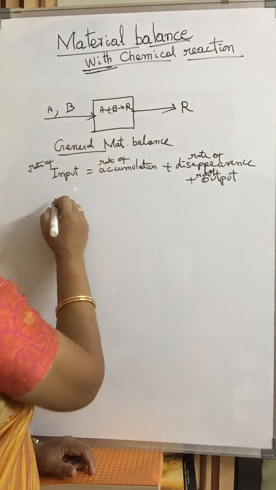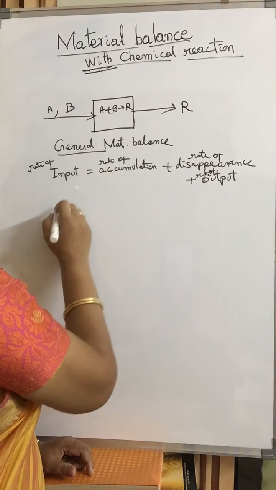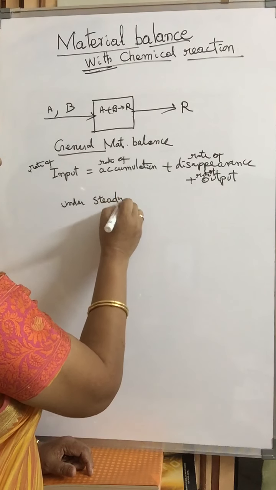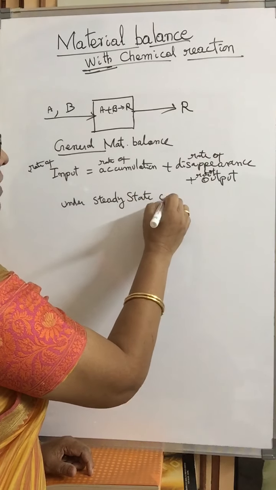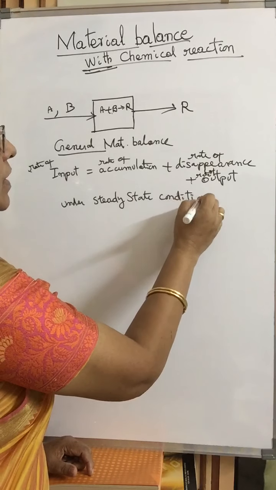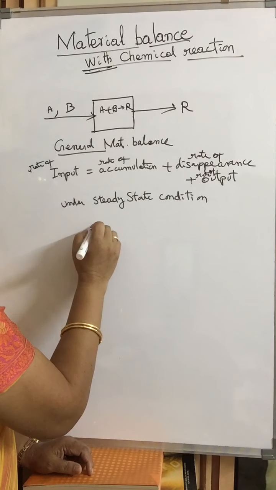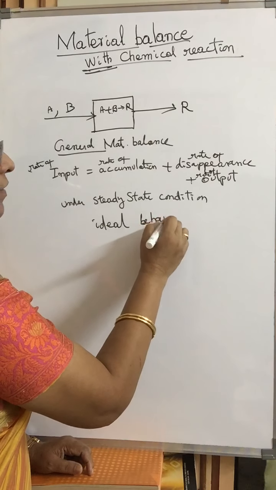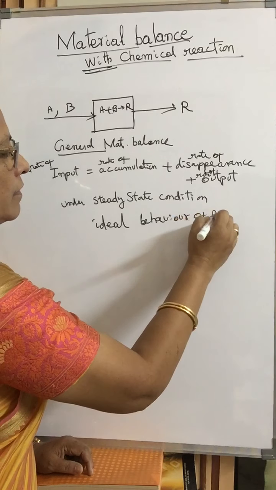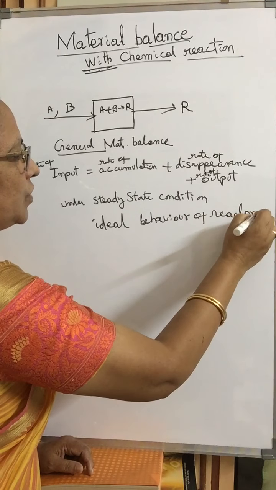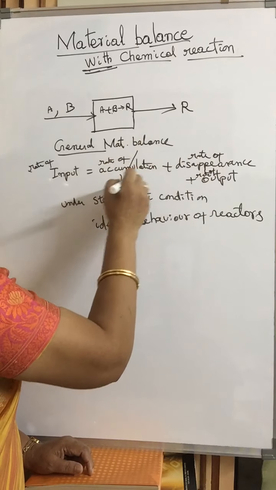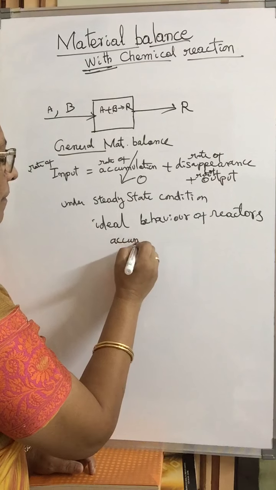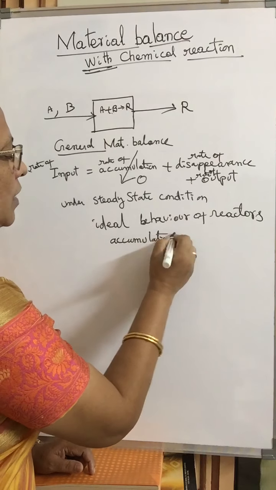But under steady state conditions, and also for ideal behavior of the reactors, the accumulation is equal to 0.